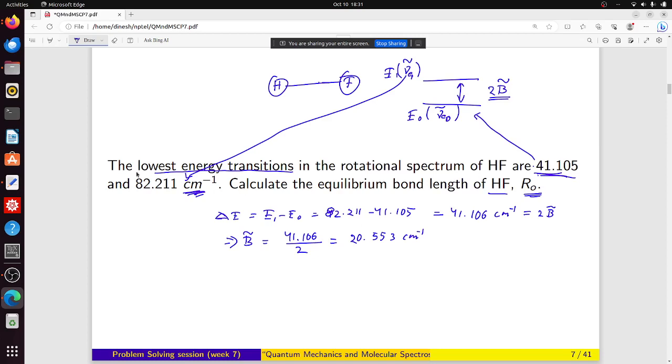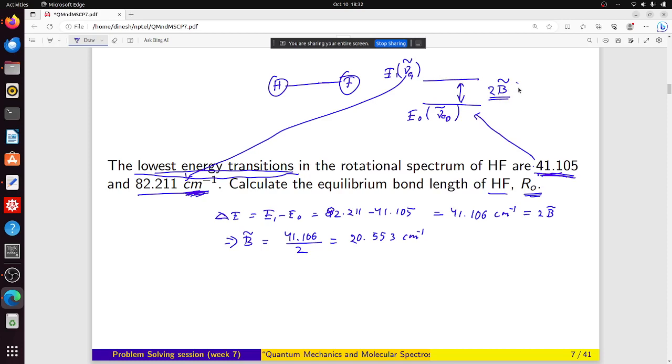Okay, so it's given the lowest energy transition in the rotational spectrum. So E0 is this much in terms of length inverse, and E1 is this much. And we know the energy difference in each state will be 2 b tilde.